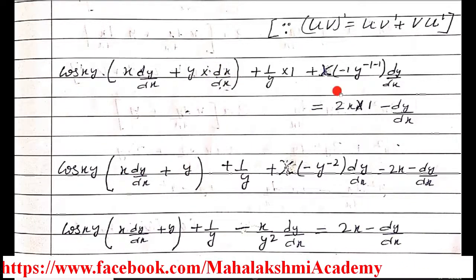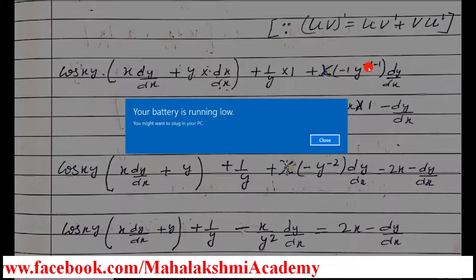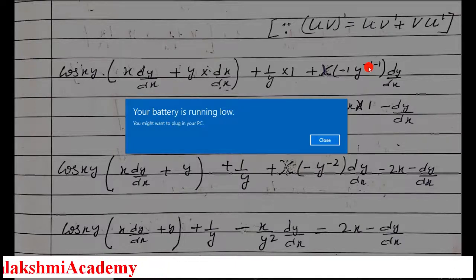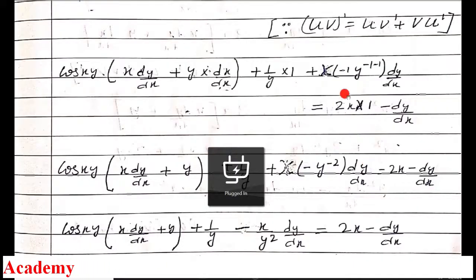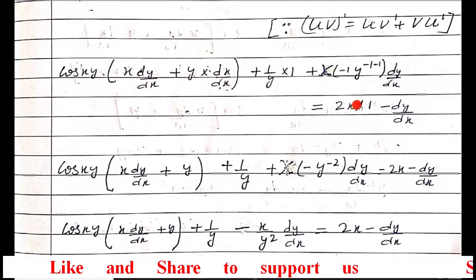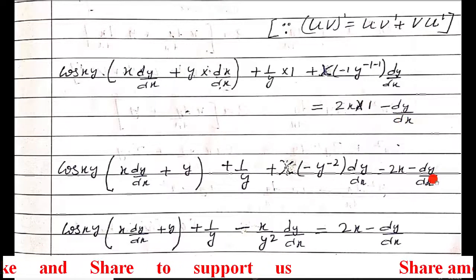Now here 1 upon y, and here you will get y to the power minus 2, because we had used the formula n x to the power n minus 1, so n is minus 1, that's why we obtained n minus 1, so minus 1 minus 1 is minus 2, then dy over dx as it is, 2x into 1 is 2x, and this term as it is.